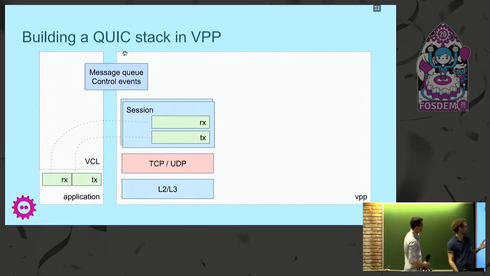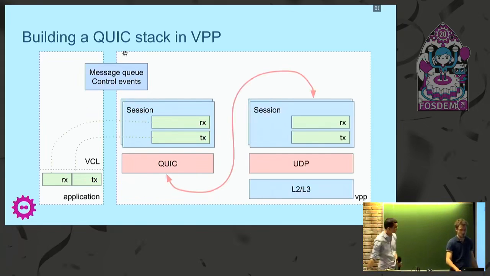Yeah. So now that we have the structure and the sockets that we want to expose, the idea is to leverage VPP because it's the project we work in to add this QUIC stack. So coming back to this session layer that lives on top of UDP that we're going to use, the first thing that we did is actually build a second layer.